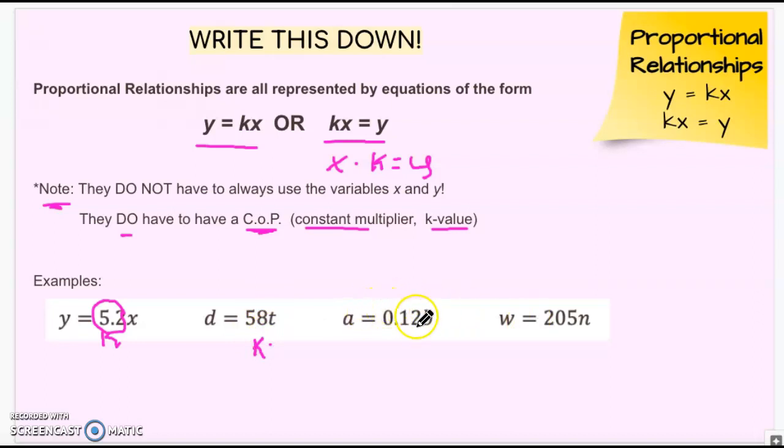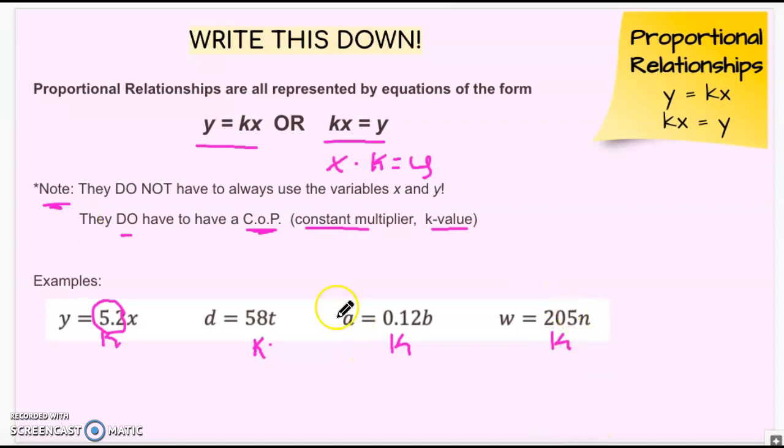A equals 0.12b. Again, not x and y, but we have our little recipe, if you may, for a proportional relationship. Y equals k value times x, with nothing else there. Just y equals k times x. And finally, w equals 205 k value times n.